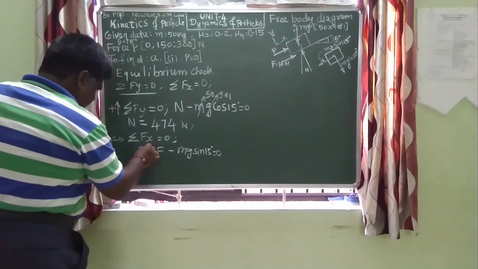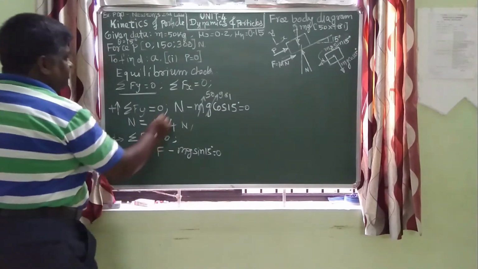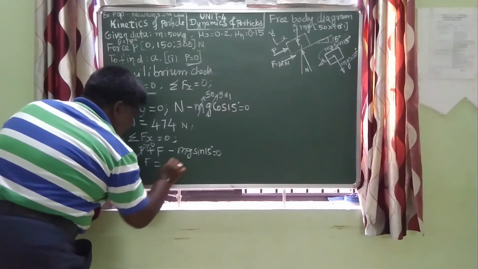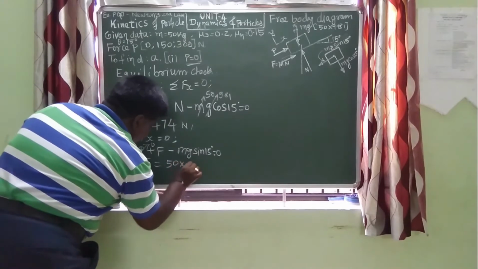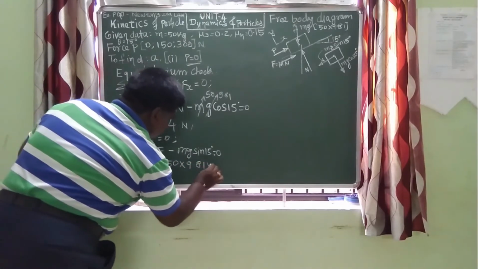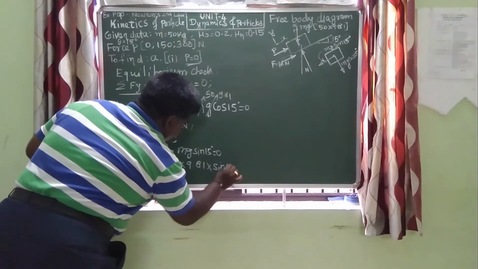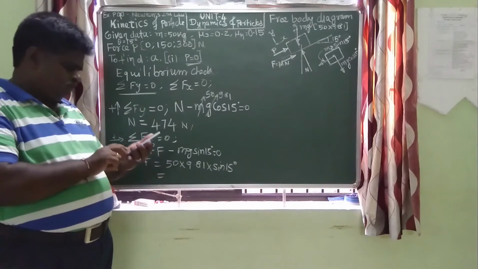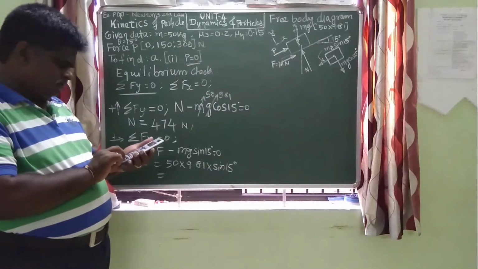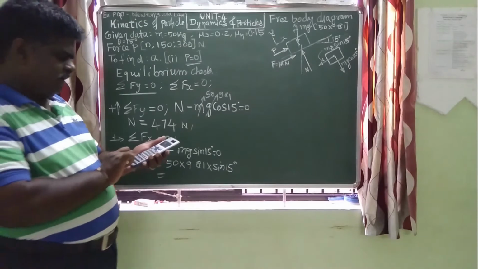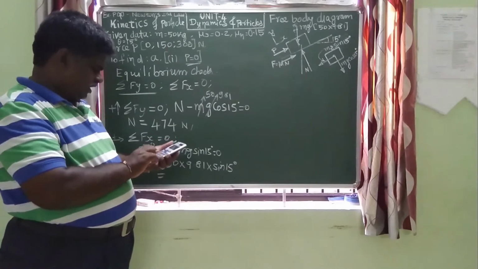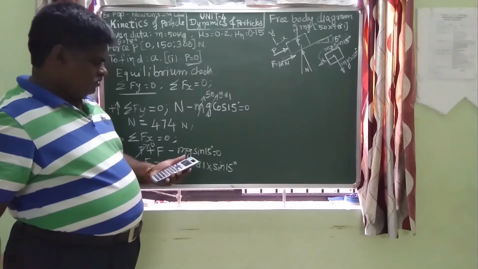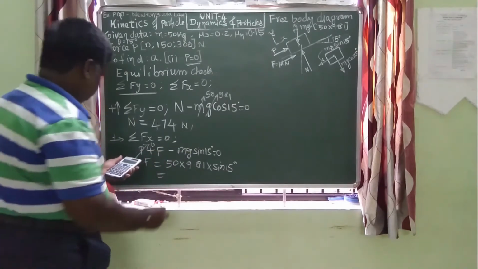From that we can calculate this external force, our condition is initially 0. So F equal to 50 into 9.81 into sin 15 degree. Use your calculator. So 127.